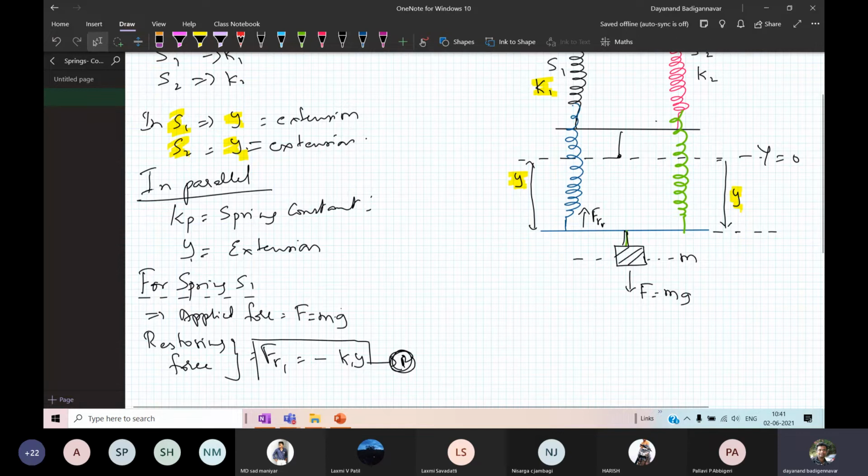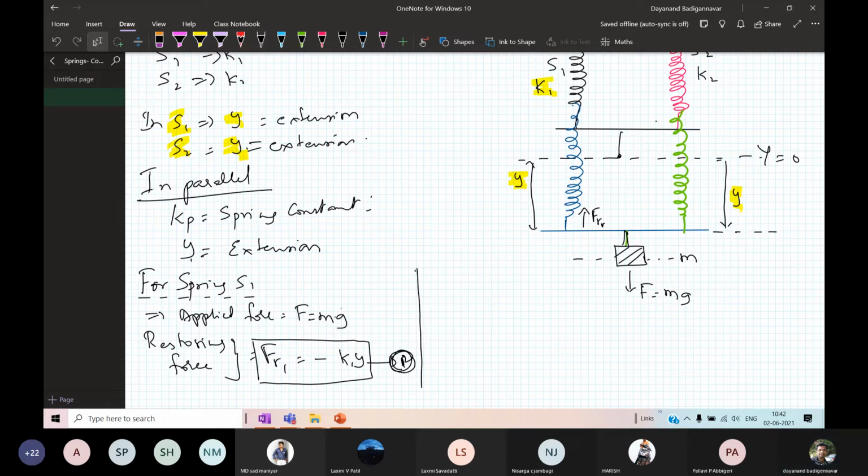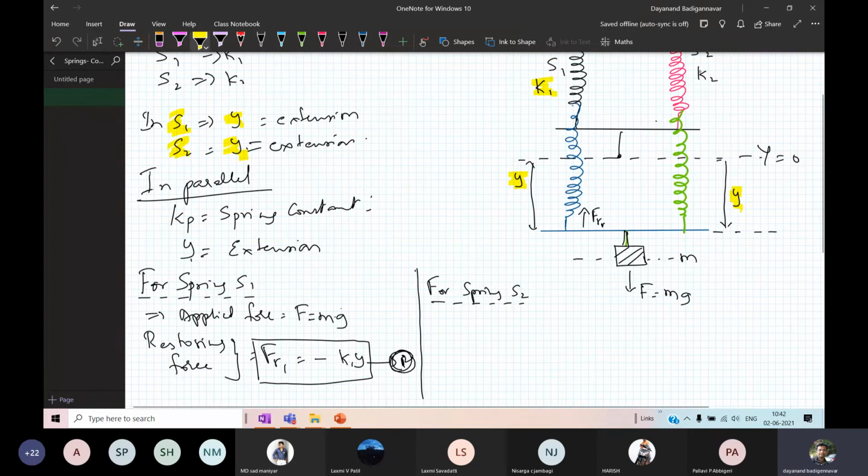FR1 equal to minus K1 Y. Now go for the second spring. For spring 2, S2, look here, the same mass is hanged to the second spring also. If you look at the spring here, this spring is having the same mass, M. So therefore, the force acting on the spring S2 is again the same.